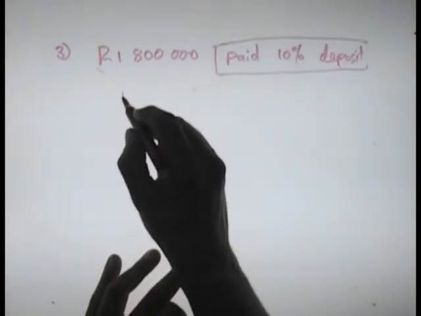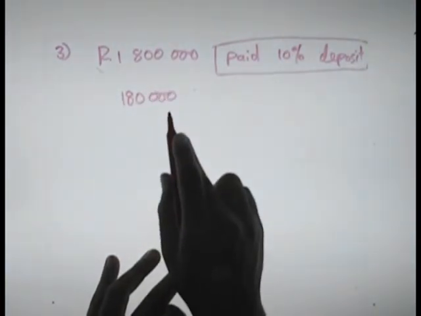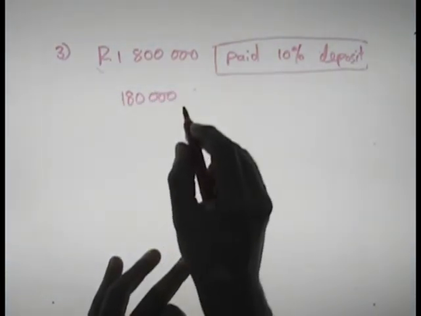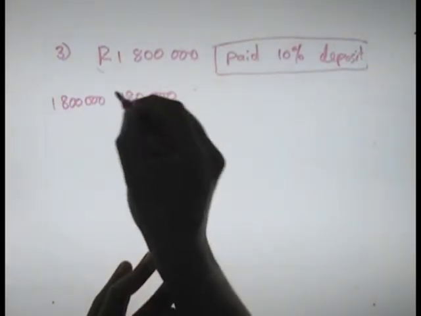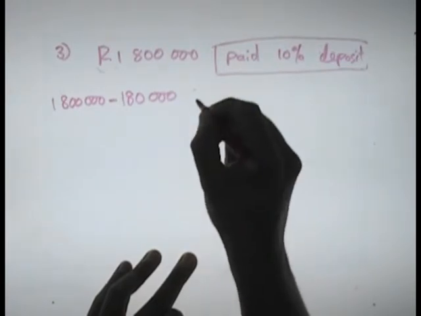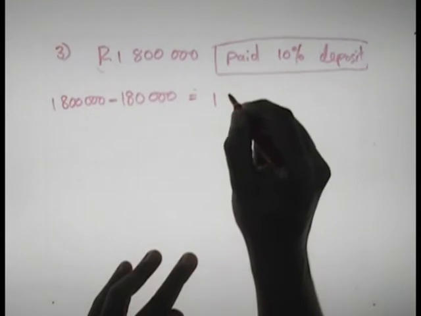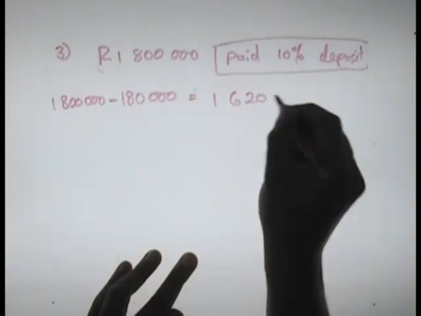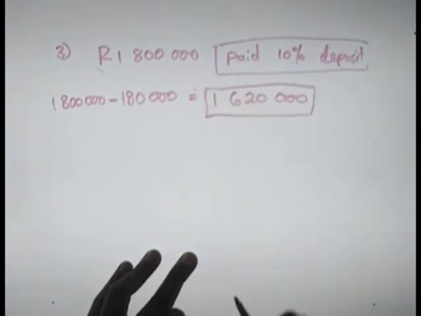The 10% deposit works out to 180,000 rand. That means we are taking out a loan for 1,800,000 rand minus 180,000 rand, which gives us 1,620,000 rand. This is the value of our loan.